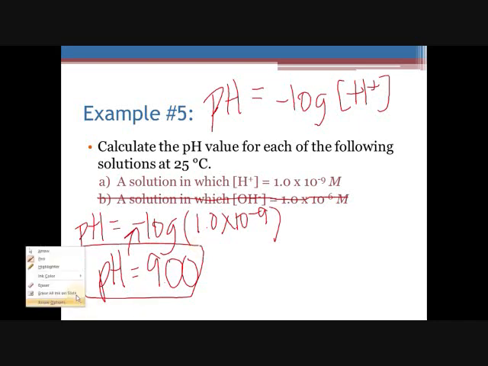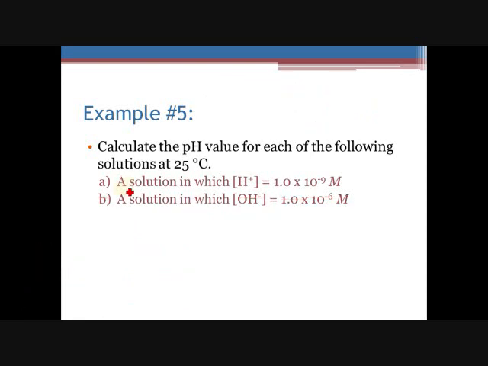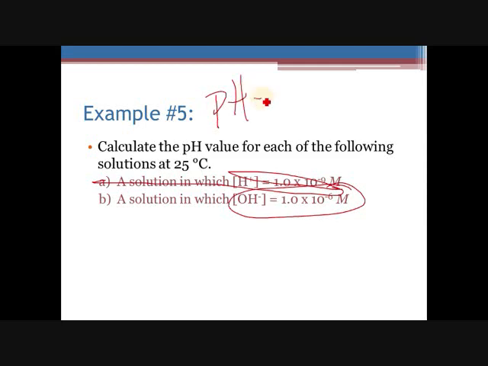B is a little bit more, because for B, we are given the OH concentration this time. Well, in our equation we don't have OH, we only have the H plus. So we need to switch it. We have to use the KW equation from video 2 in order to get the H plus.